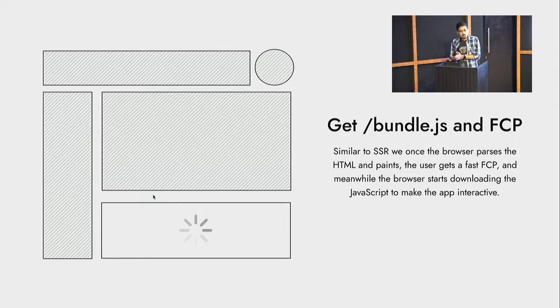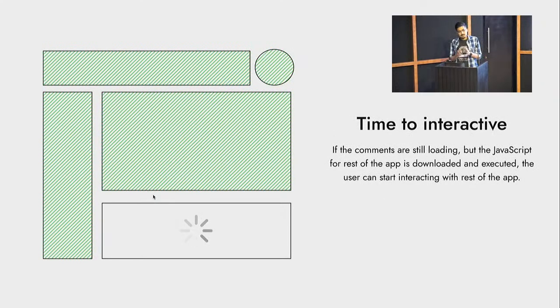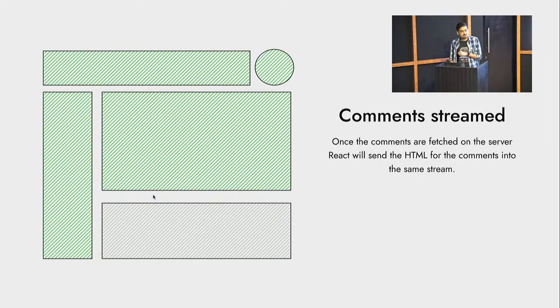Meanwhile, the browser wouldn't wait for it and would start downloading the JavaScript for the rest of the app. Let's assume the JavaScript is downloaded, React has executed it and hydrated the rest of the app, but the comments are still loading. Now the comments are streamed. The data for the comments was fetched on the server and sent through the same stream.